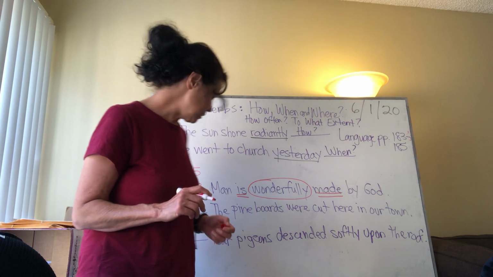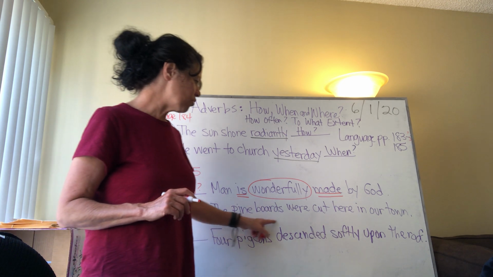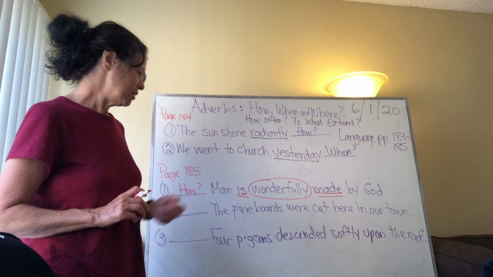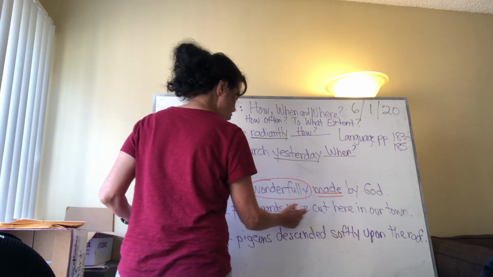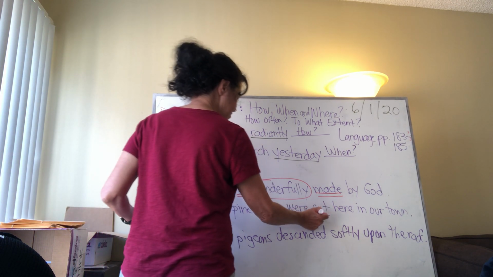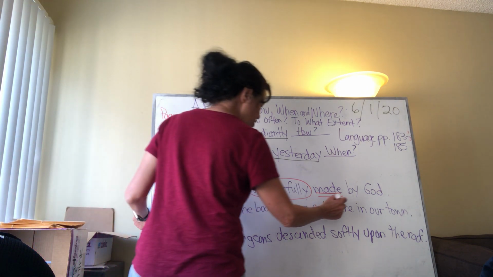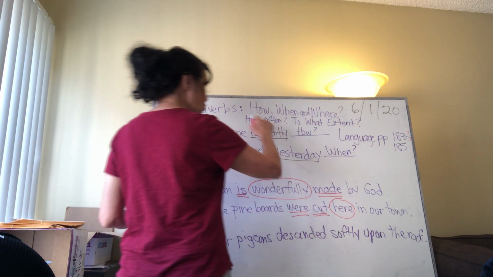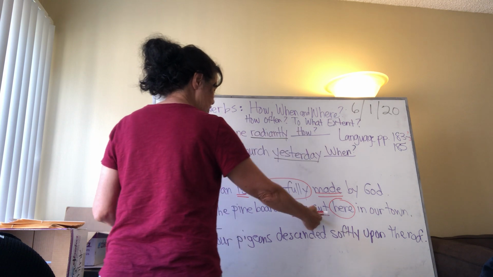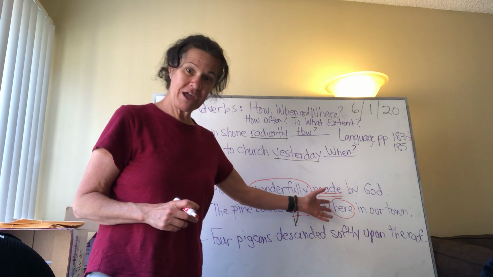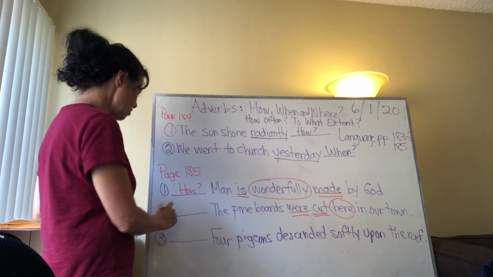Number 2 says, the pine boards were cut here in our town. Okay, so our verbs are were cut. Our adverb is here. Look for the word that answers one of these questions in regards to the verbs. Were cut. Where were they cut? That answers the question where, here.